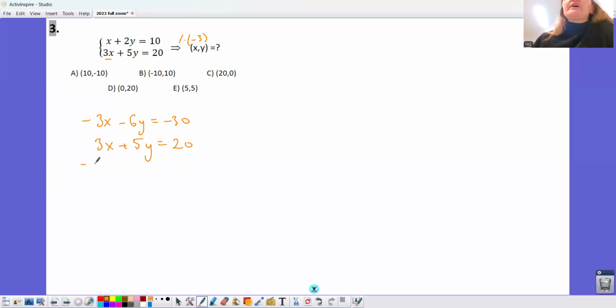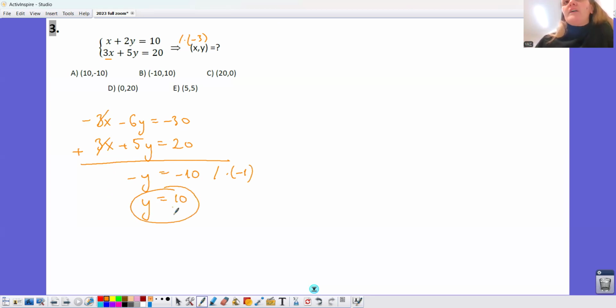So to eliminate x, I will add these two equations together. So minus 3x plus 3x is 0, so they will cancel each other. And I have minus 6y plus 5y, which will be minus y is equal to minus 30 plus 20, which will be minus 10. Then I will multiply by minus 1 to get rid of these minuses. So I will have y is equal to 10.